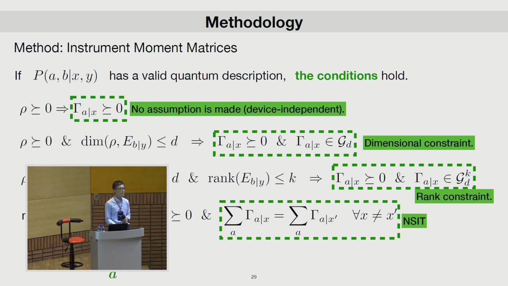I would like to ask, you said that if you get a value larger than 2 square root 2, then you can be sure it is coming from some rank-4 measurements. But could it come from a dimension larger than 2, but with projective measurements? Sorry, I didn't hear very clearly.